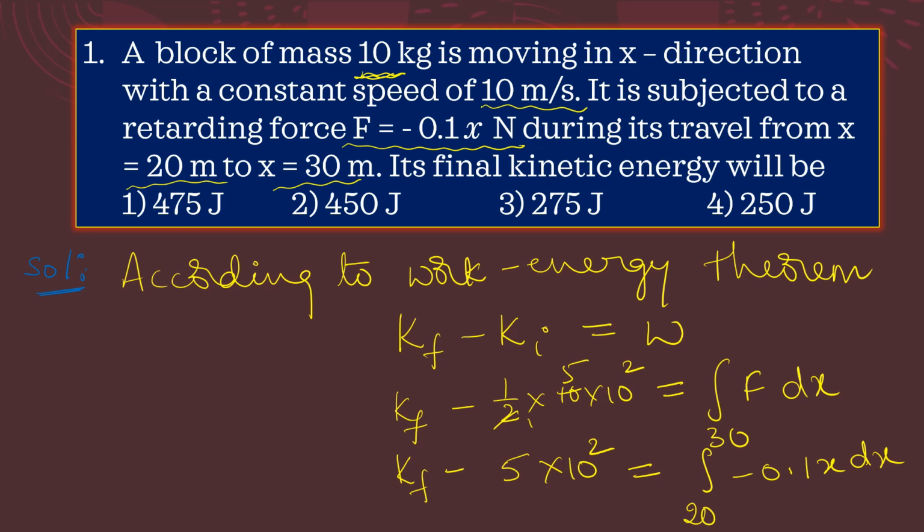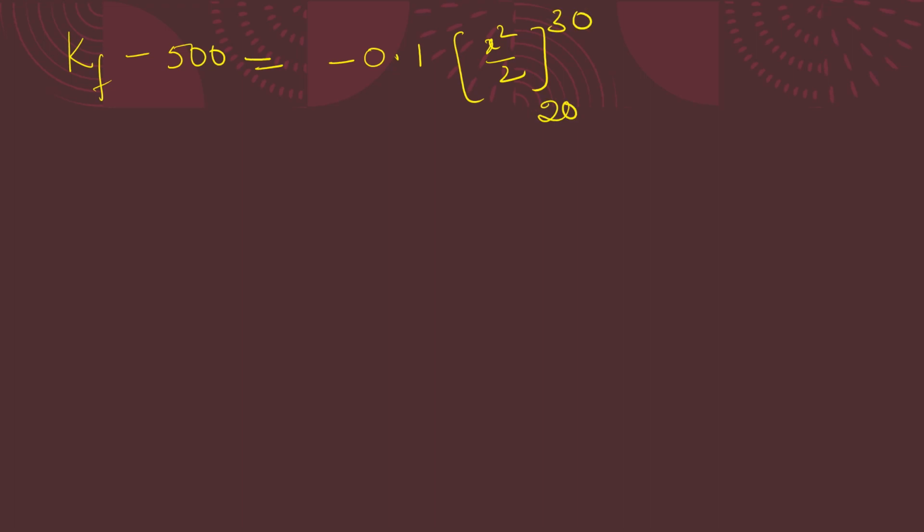So 10 square is 100, 100 into 5, 500. Next, Kf minus 500 is equal to minus 0.1 into integration of x dx, that is x square by 2 with limits 20 to 30. Kf is nothing but final kinetic energy.